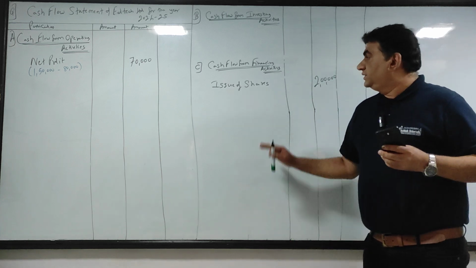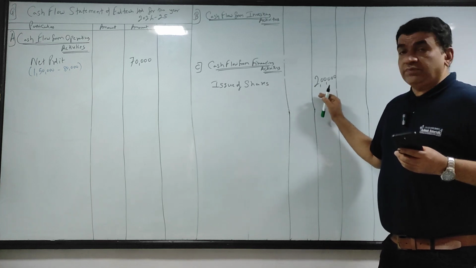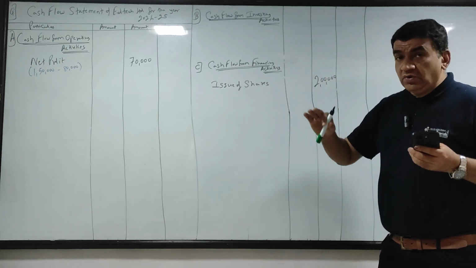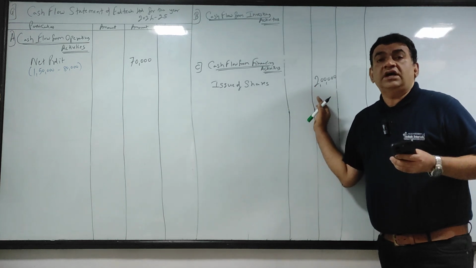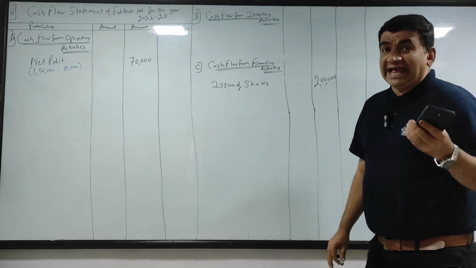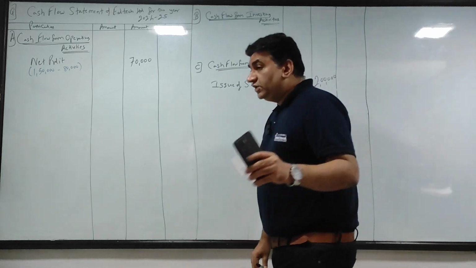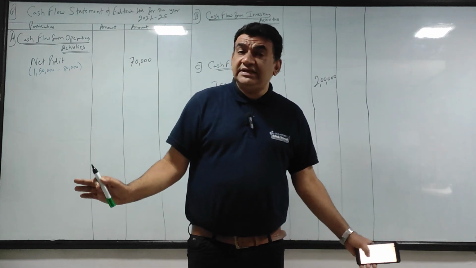Now look, share capital, when it increased, you wrote issue of shares positive. Bank loan, if it was 150 and became 2 lakhs, 50,000 of loan would be taken. But here bank loan 150 became 1 lakh. That means it is reduced. Bank loan is a financing activity.